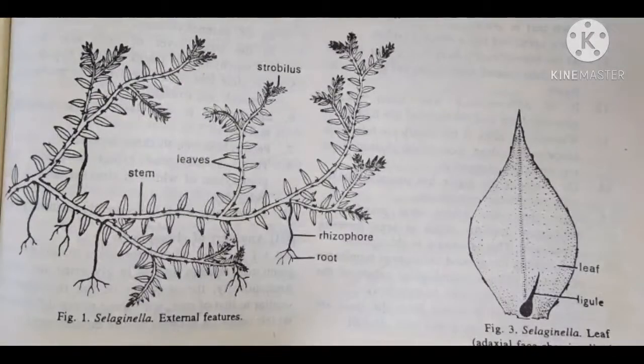The sporophyte body is divided into root, stem, and leaves. The primary roots are very short, and later adventitious roots are produced.